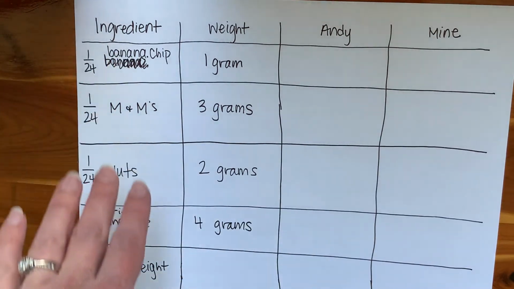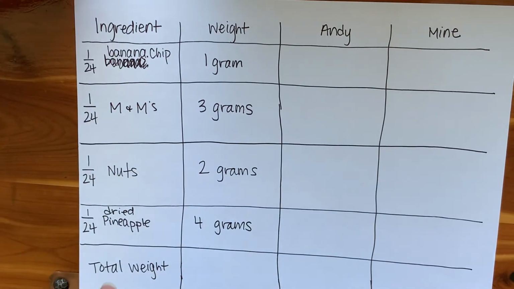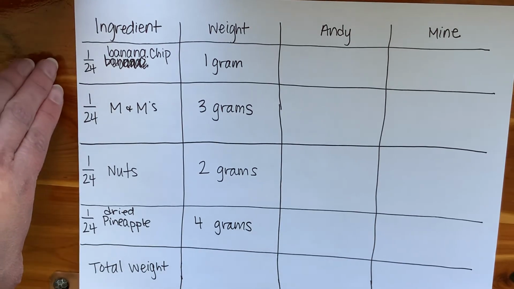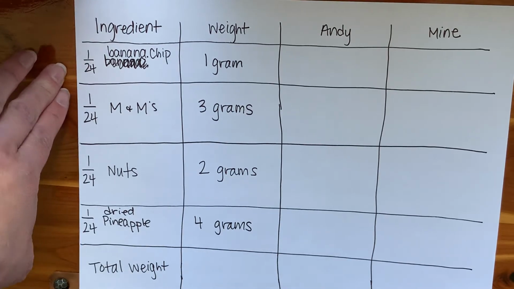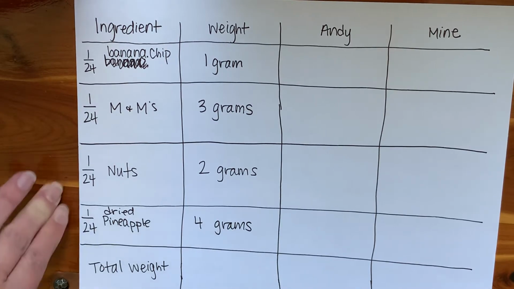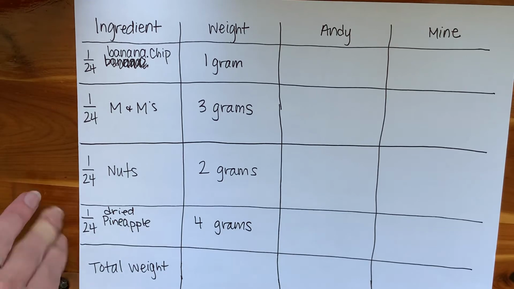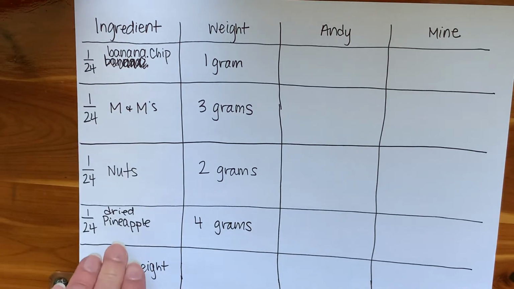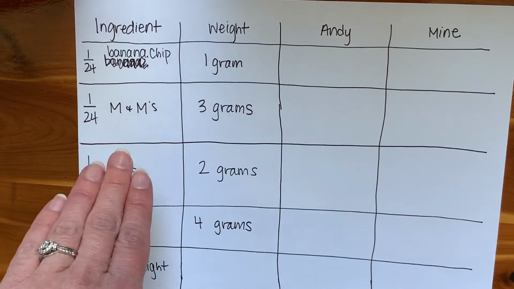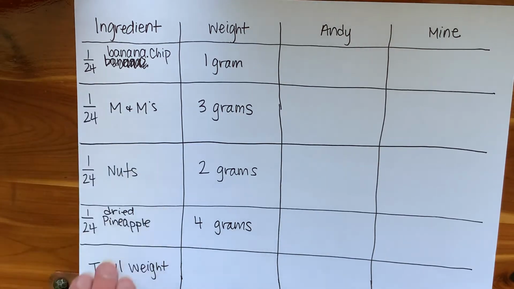In the first column, I listed each ingredient, and I put the amount that we're really looking at: 1/24 of banana chips, 1/24 of M&Ms, 1/24 of nuts, 1/24 of dried pineapple. We know that that's not how much of each ingredient he had in his trail mix, so we're going to have to do some multiplying today to figure out how much Andy's trail mix weighed.